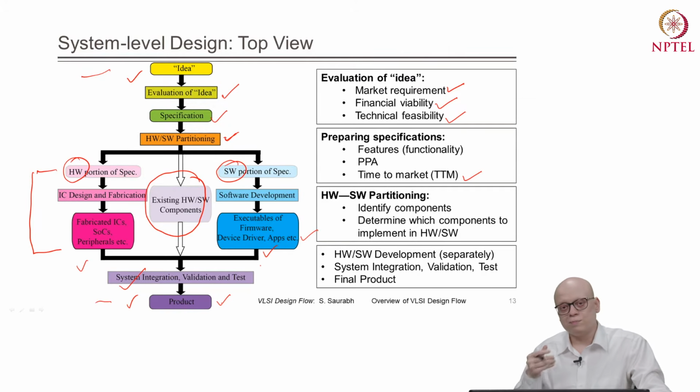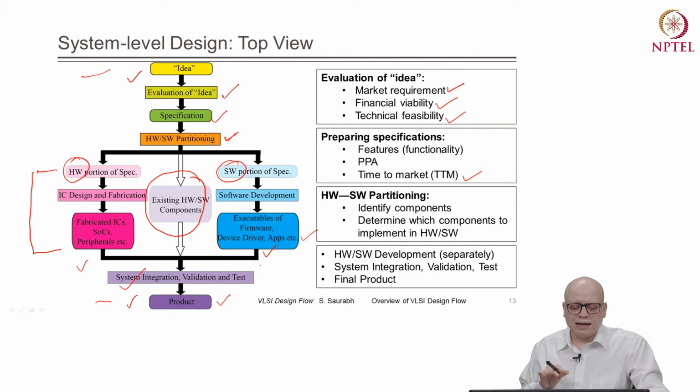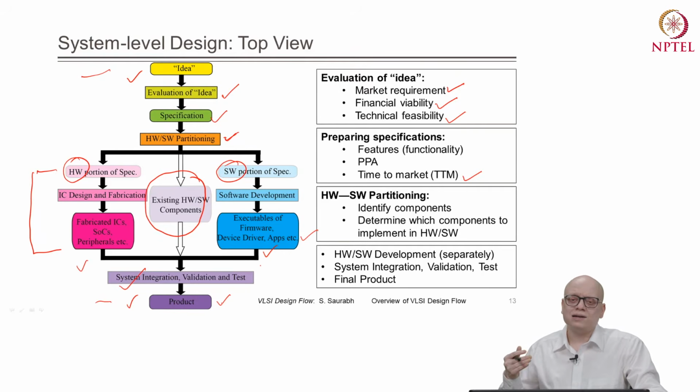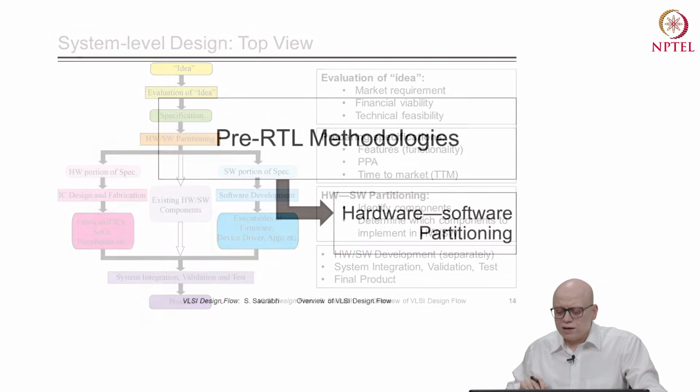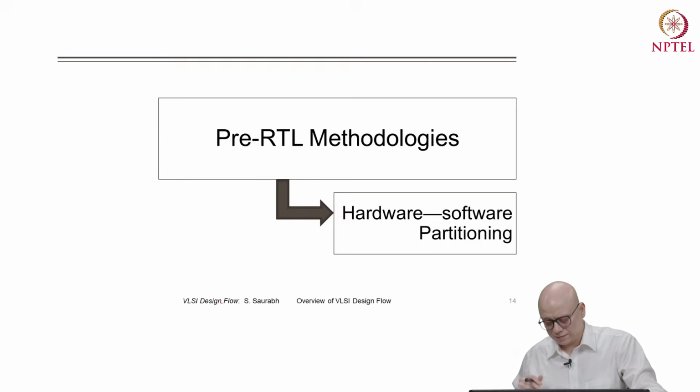For example, whether it is a processor, a signal processing chip, or another kind of controller, the exact design tasks undertaken in system level design will vary. However, let us look at a few design tasks which are common to all system level design or which are widely used. So let us look into the first part, hardware software partitioning, which is an integral part of system level design.